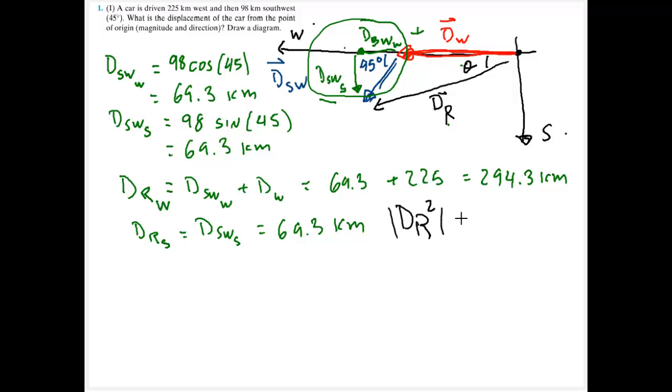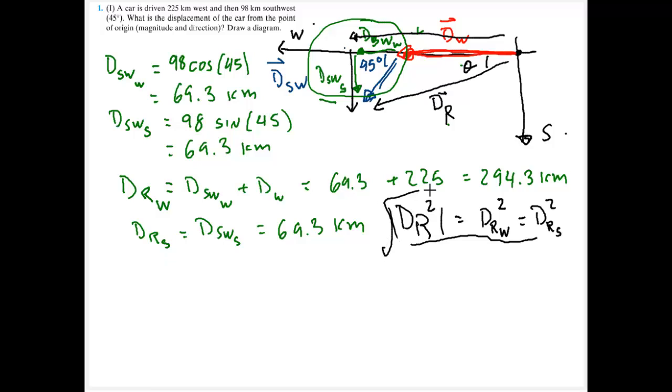And I know that the length of my resultant displacement, the little arrows right there, can be related to its two westerly and southerly components. The resultant is going to be following Pythagorean's theorem, really. D resultant in the southerly direction right there. Essentially, we have a triangle right here, and we'll use Pythagorean's theorem to write the length of the resultant vector.